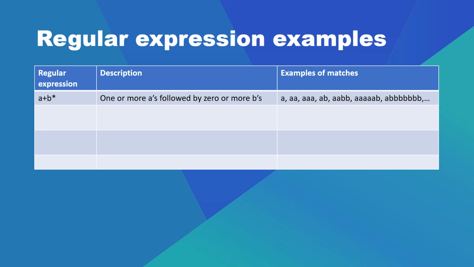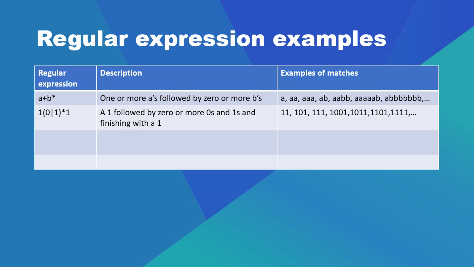This next regular expression, 1 bracket 0 pipe 1 close bracket star 1, describes a set where every member will be a 1 followed by 0 or more zeros and ones and finishing with a 1. So the minimum it can have is just 1, 1 with nothing in between.